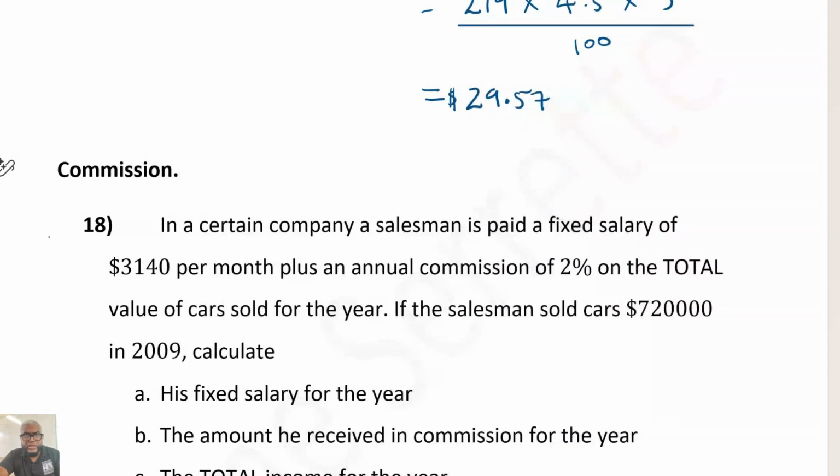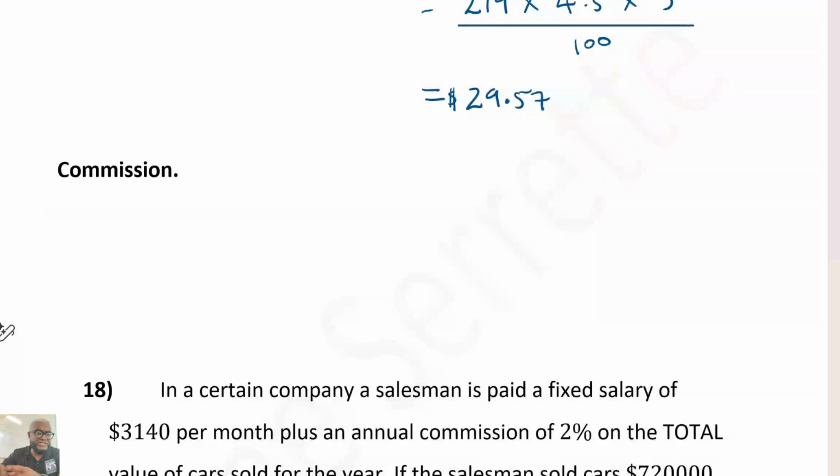Right, so commission. So start, right, at the same speed with me, right?